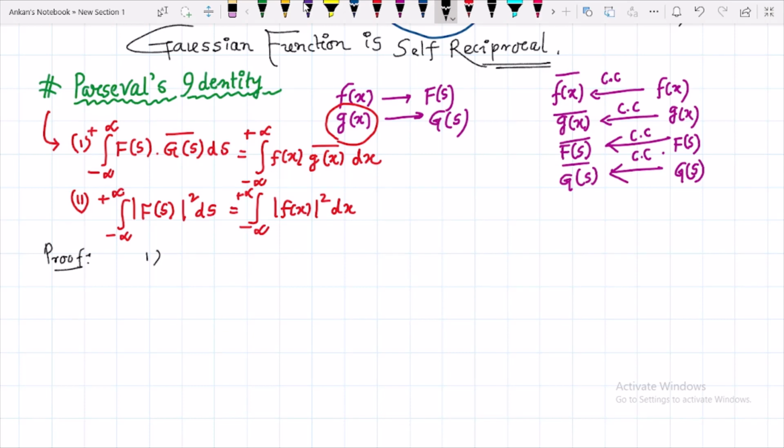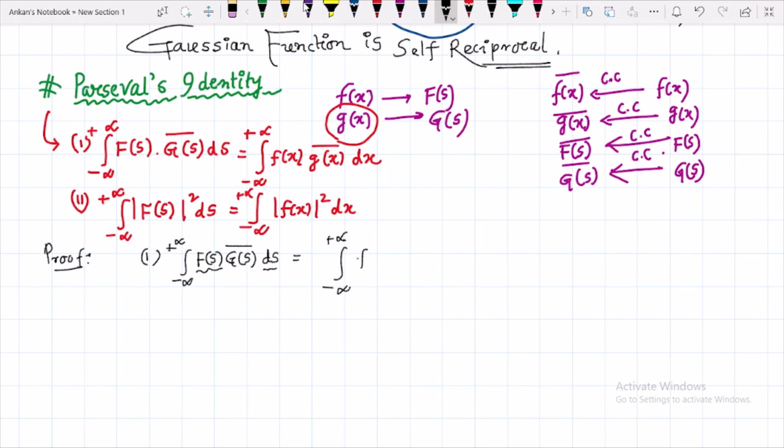So at first, it is given to you: the integral from minus infinity to plus infinity of F(s) G bar(s) ds. What does it mean? You can explain this. How?